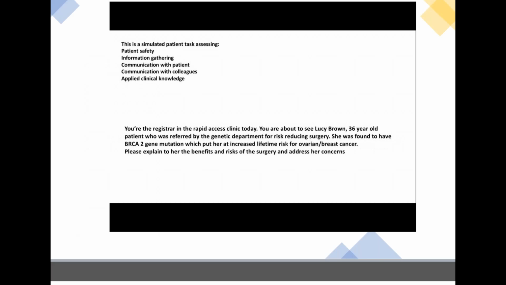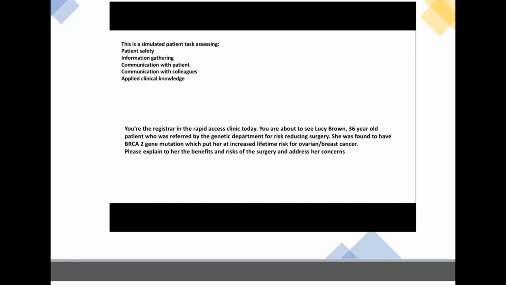This is the other type of station, when a patient is referred to you because she has an increased lifetime risk of ovarian cancer, and she should be seen by the genetic department before you.